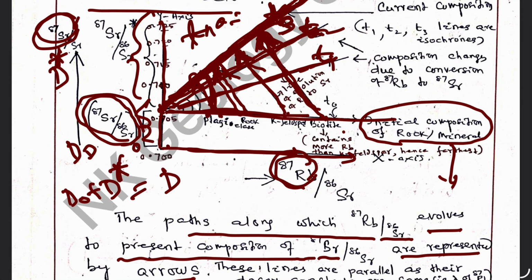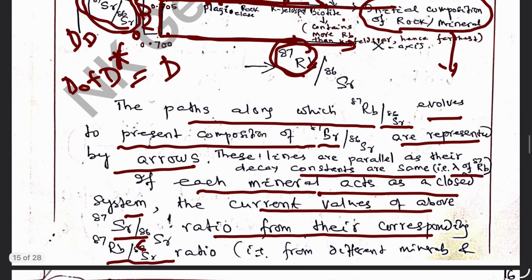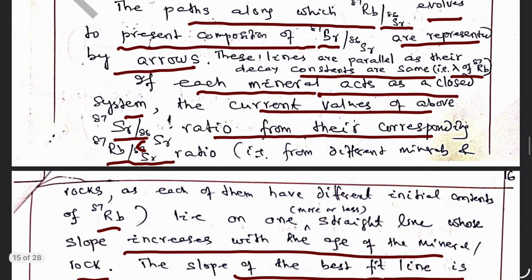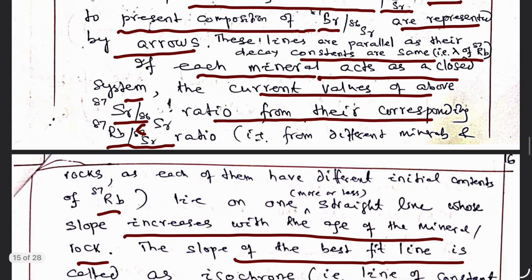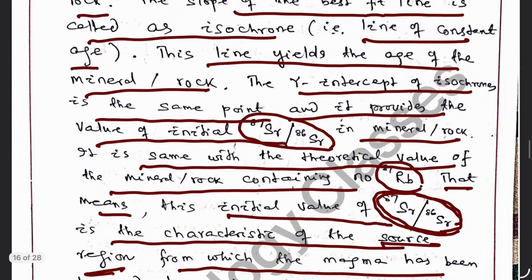And this ratio is the characteristic. Strontium 87 by strontium 86 representing the original composition is representative of the source region from which the magma has been derived and it has undergone cooling to give rise to the rocks and minerals.